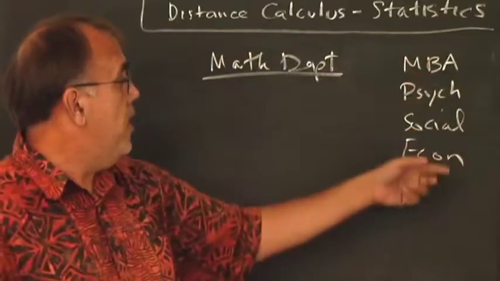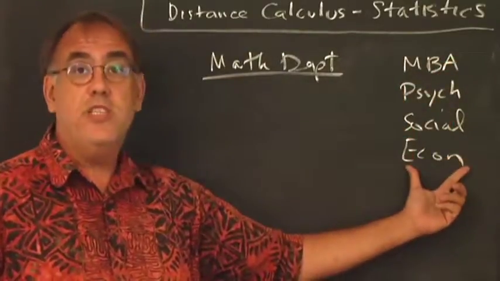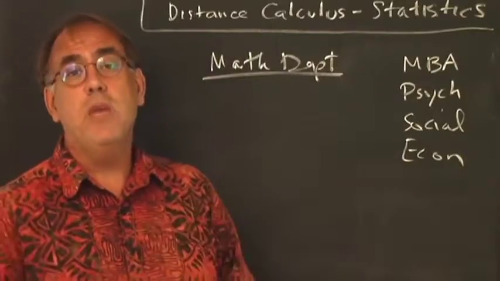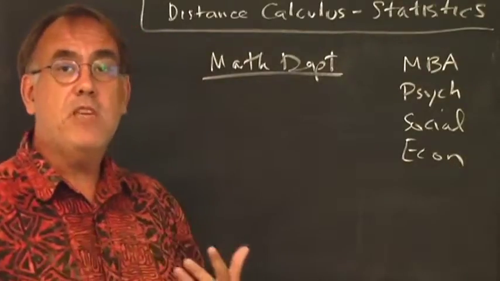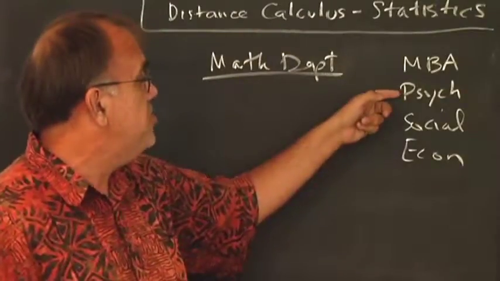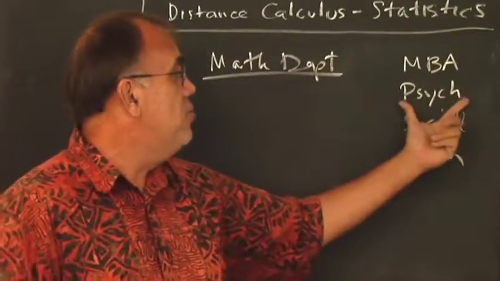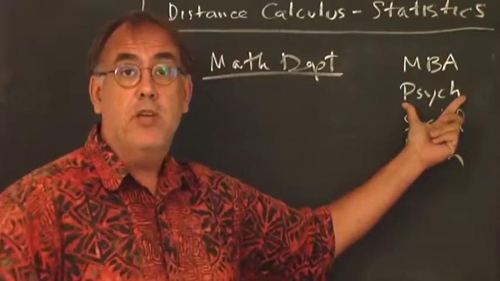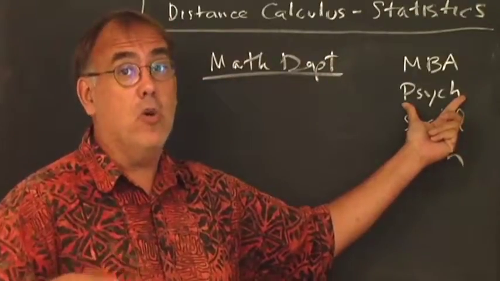All of these other departments probably teach their own statistics course, and it depends on what major you're in. You have to be very careful about making sure, if you are in a psychology degree, they will most likely want you to take this statistics course from their department, and so that's not our course at all.